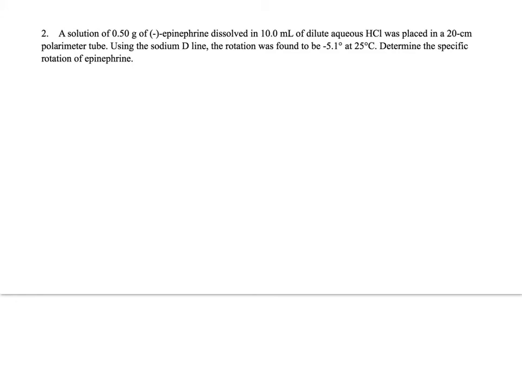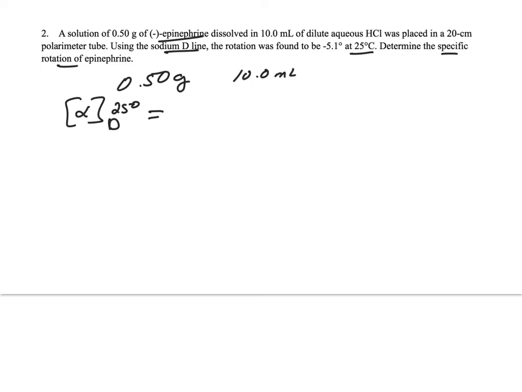Okay, so let's do this again. You have 0.50 grams of epinephrine, and it's dissolved in 10.0 milliliters. So it's asking for the specific rotation, so let's apply your formula. It's 25 degrees Celsius using sodium D line, so you just do this. You're going to do your observed over your concentration times your length of your cell.